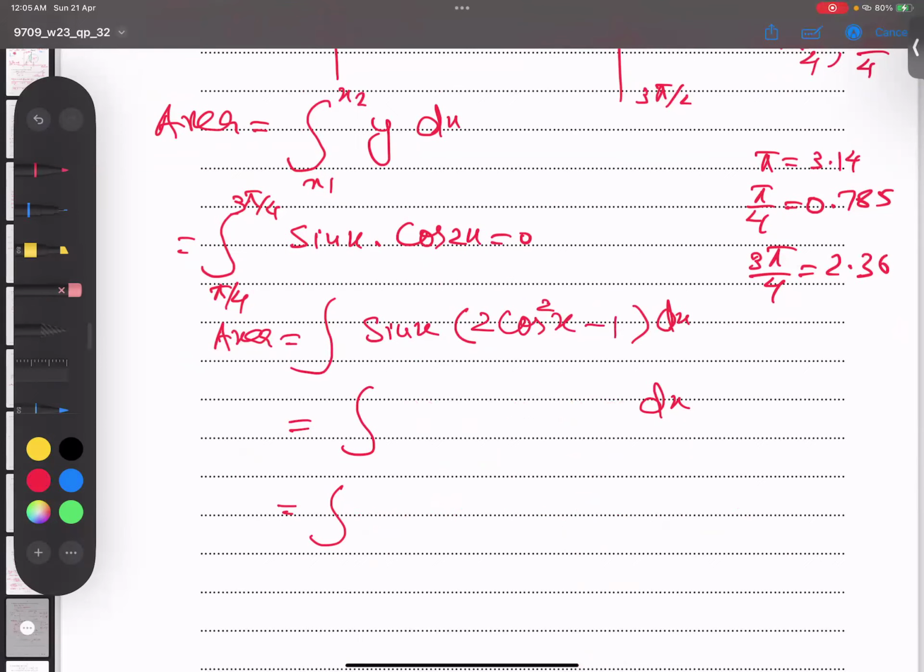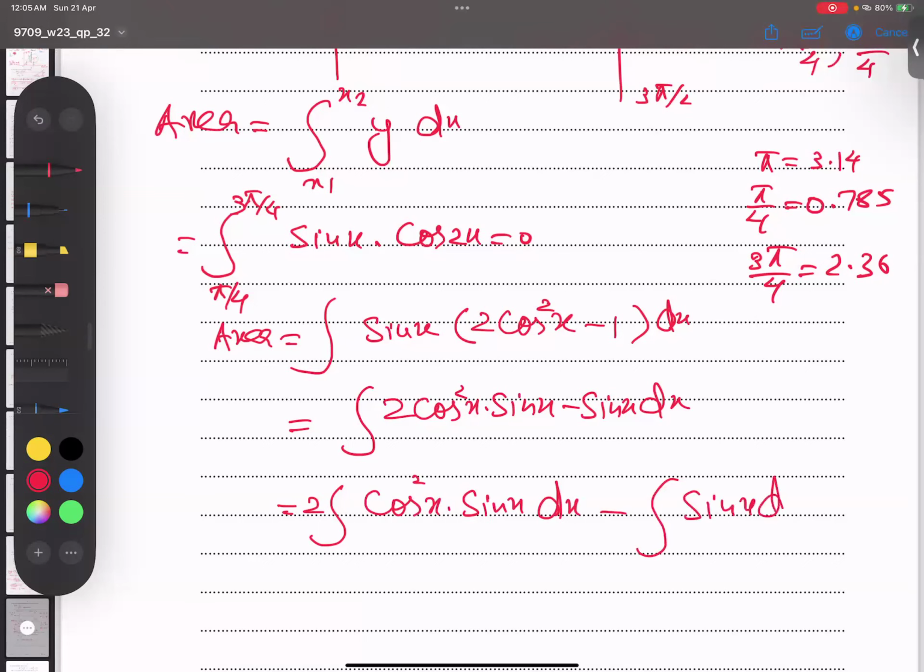So I break it: 2 cos square x times 2 sine x minus sine x. 2 goes outside, cos square x sine x dx alone, and minus sine x dx alone.